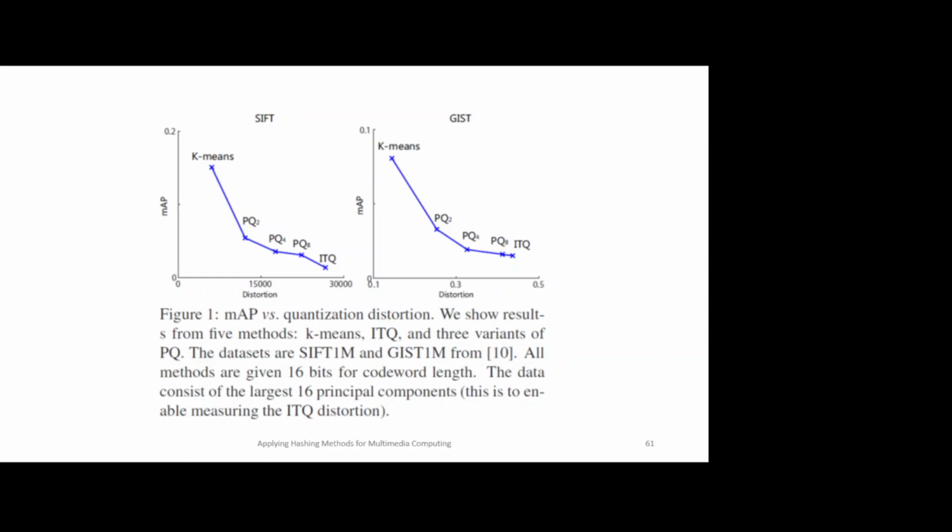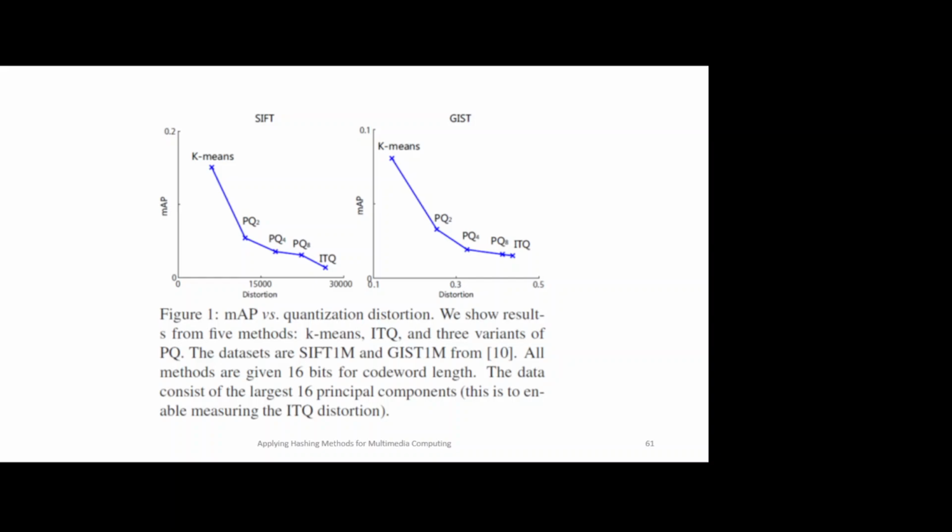And the PQ4 we divide into 4 segments, PQ8 into 8 segments, and the ITQ unfortunately has the highest distortion here, so its MAP is lowest. Okay, so it's a comparison between PQ, ITQ, and the K-means.